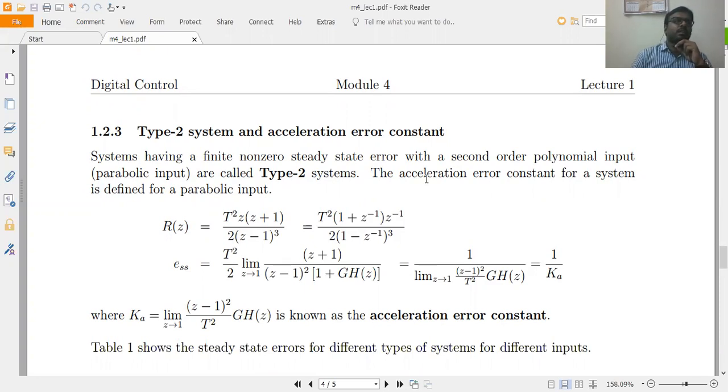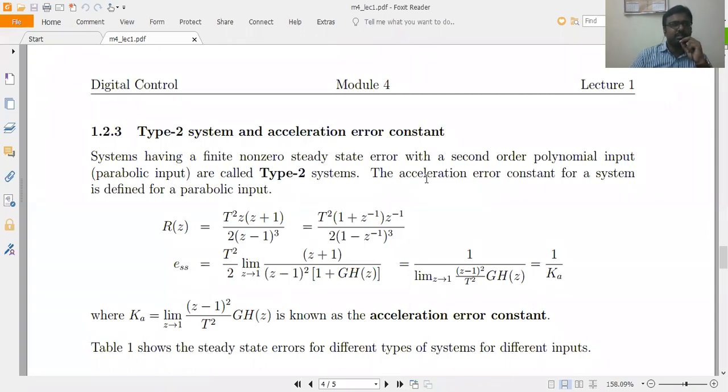The type 0 systems are the systems which accept the step function as an input, type 1 systems accept the ramp function as an input, and similarly the systems which accept parabolic functions as an input are called type 2 systems.